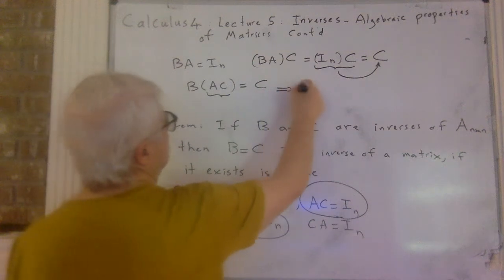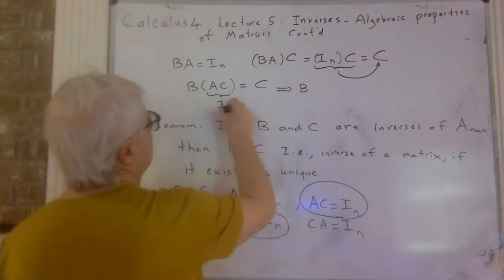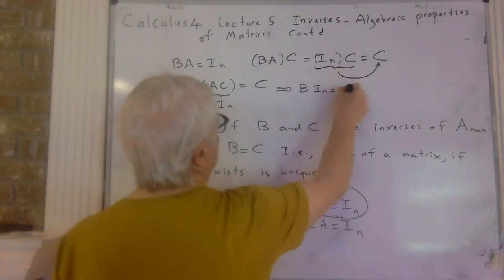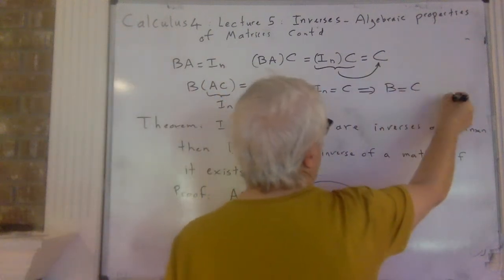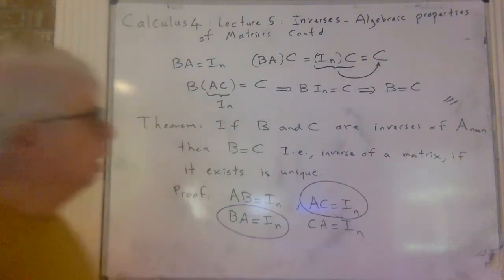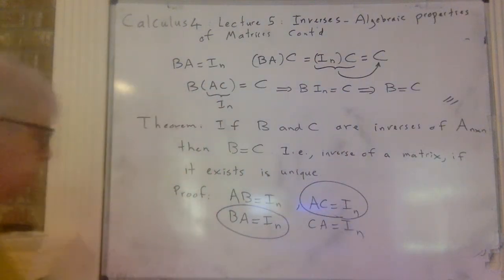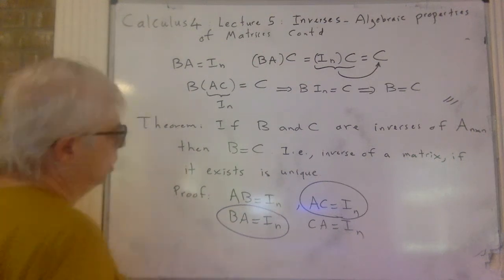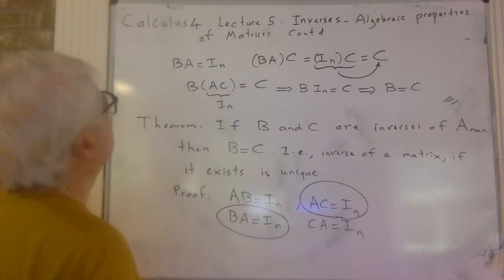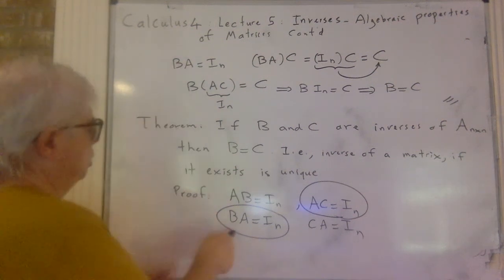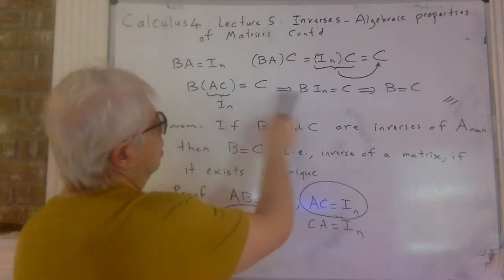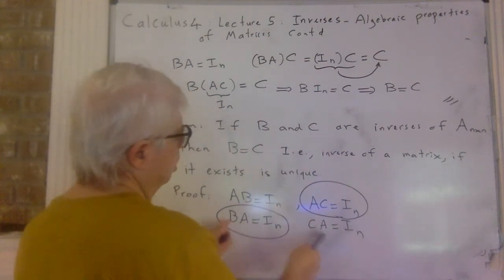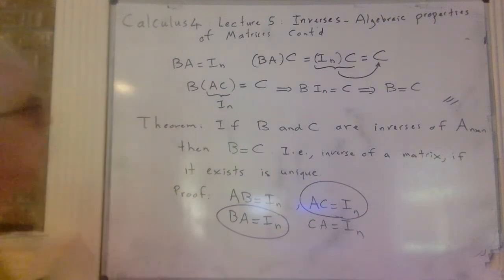So this gives me B times I_n equals C, and B times I_n is just B. So B equals C. Finished. So I used all of them, I guess: this one, then AC equals I_n, and this one and this one.